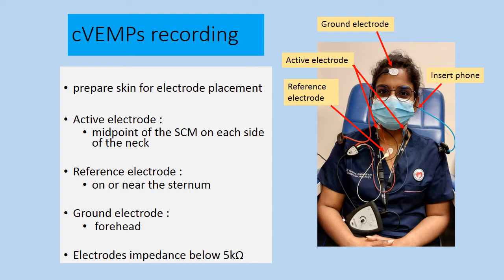Ask them to turn the head towards the right side so we will notice the SCM muscle on the left side for the electrode placement. The reference electrode is placed on or near the sternum, and the ground electrode is placed on the forehead. All electrode impedances must be kept low, less than 5 kilo ohm, in order to obtain high-quality recordings.